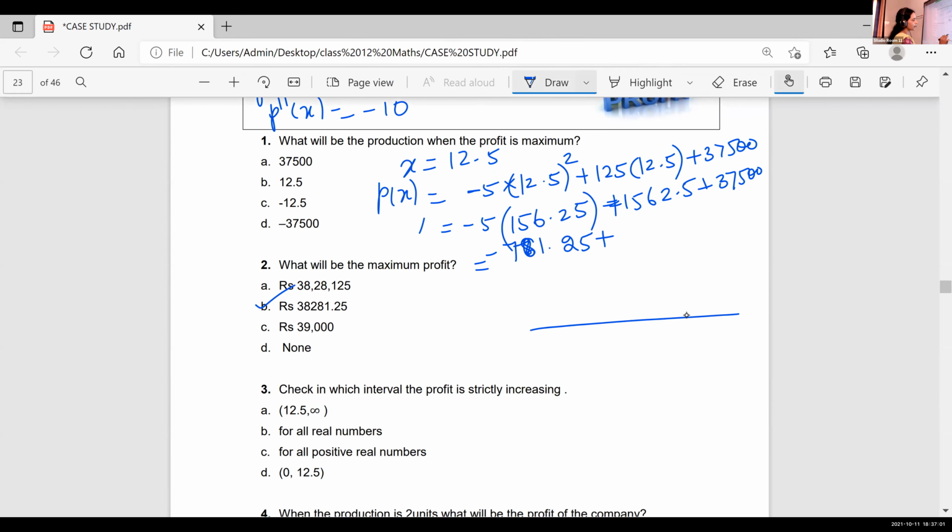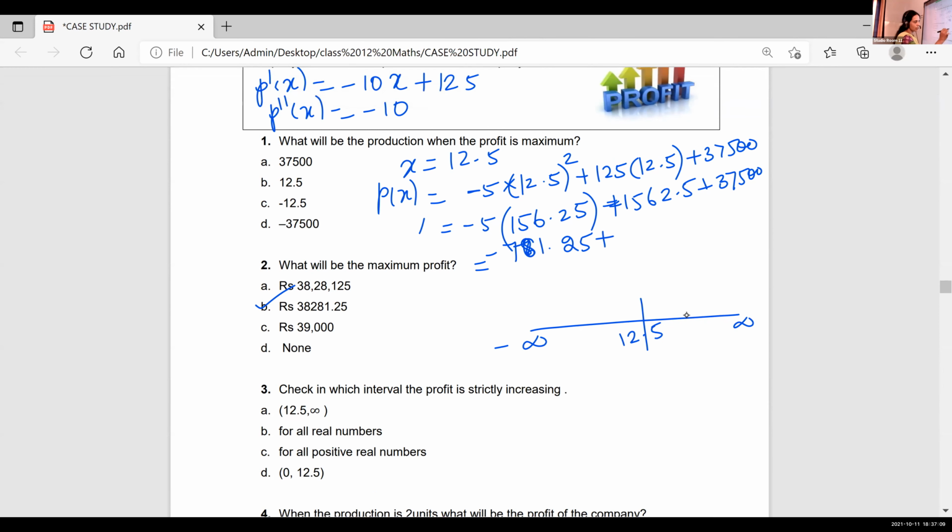The whole interval minus infinity to infinity, the whole number line, we get the stationary point or critical point as 12.5. So it divides it into two intervals, minus infinity to 12.5 and 12.5 to infinity.